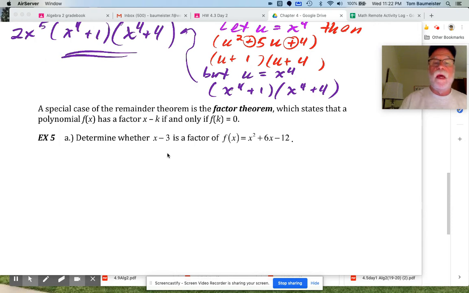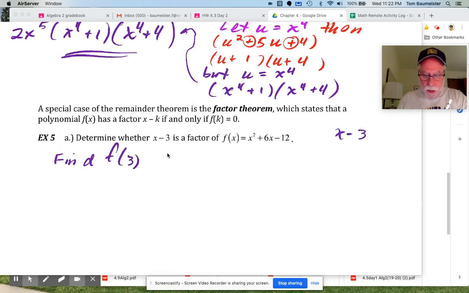You could use synthetic division for both of them, but on this one right here, I would say let's just go ahead and use direct substitution. So find f of 3, because remember, it's x minus 3, which is x minus k. So in this case, k is equal to 3. So we're just going to do it by direct substitution.